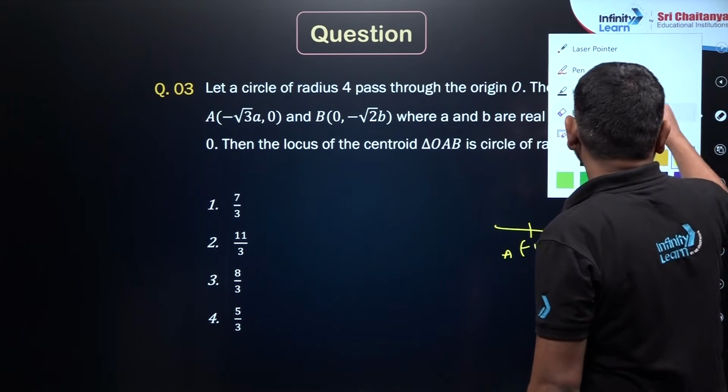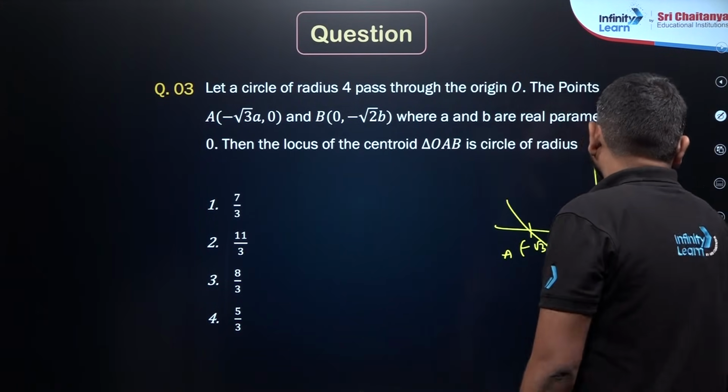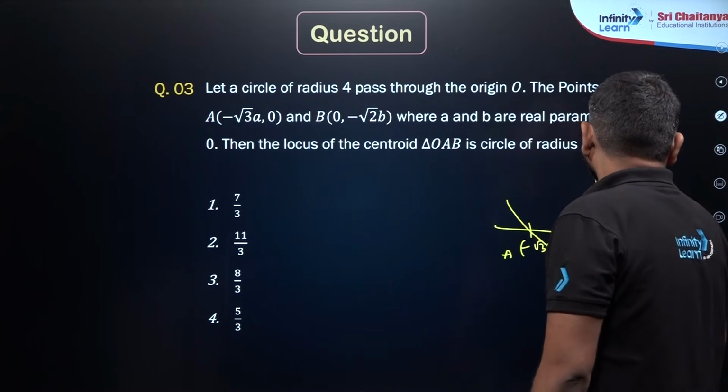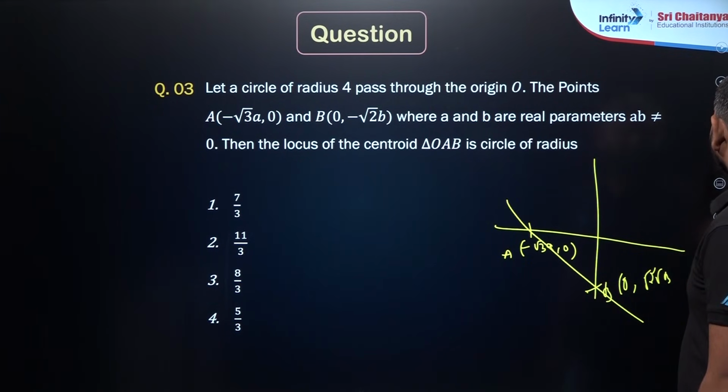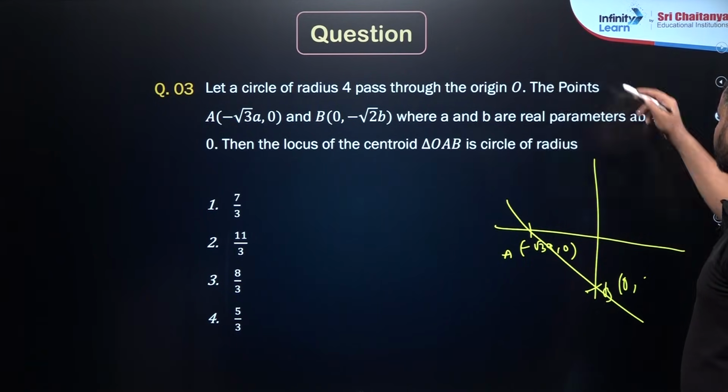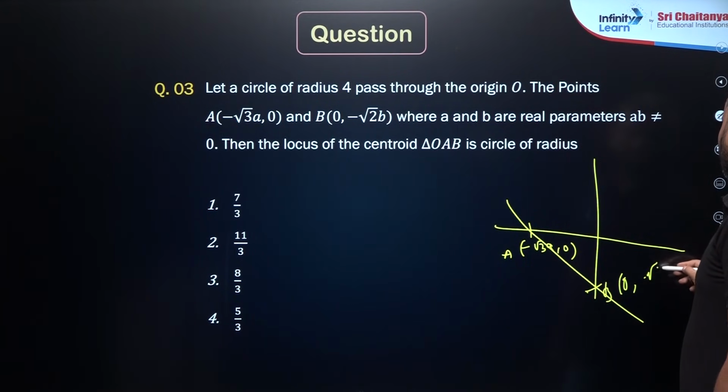I should draw the line in this way, right? Here let us say we have B, this is going to be 0 comma minus root 2b.